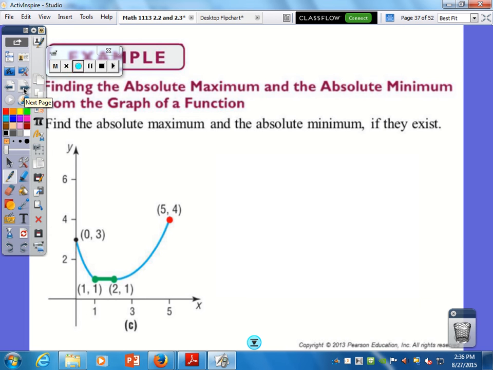All right. Finding the absolute minimum and absolute maximum on a graph. Find the absolute maximum and the absolute minimum. Now the absolute maximum occurs when x is 5, my y value is 4. But what happens here? Because it's a constant over a particular interval. What do we do for that?